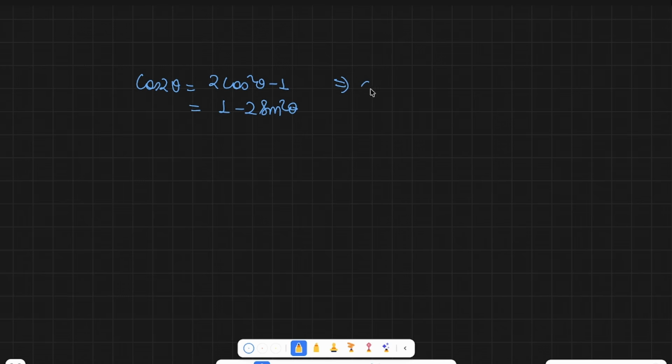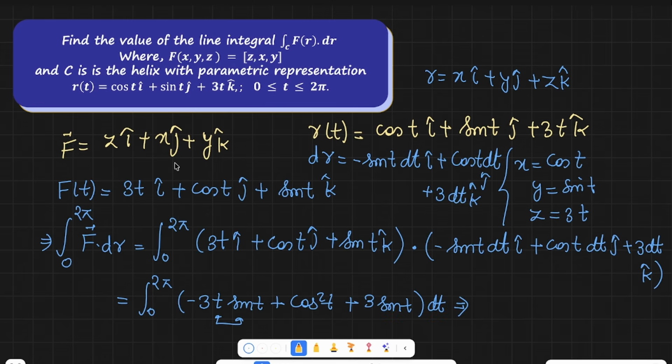So if you have cos square theta, then you can simply write down cos 2 theta plus 1 upon 2, or if you have sin square theta, then you can write down 1 minus cos 2 theta divided by 2. So if it is cos square theta, then you apply this formula here. Then when you will solve this, this will be 7 pi. Okay, this is your answer.